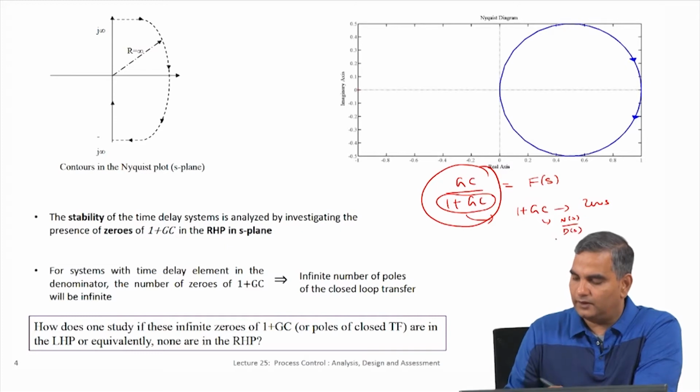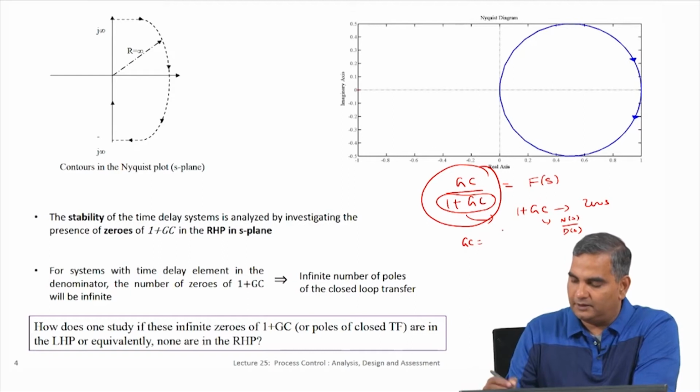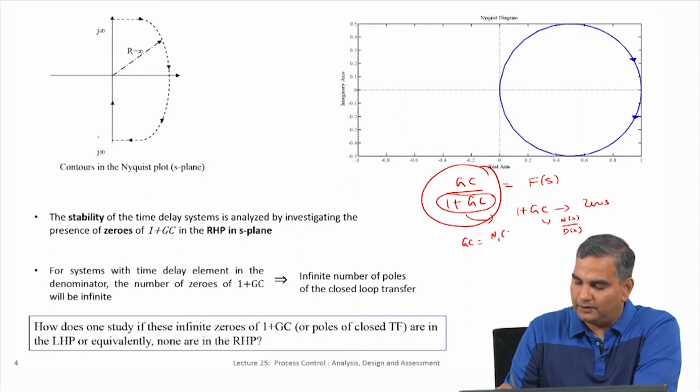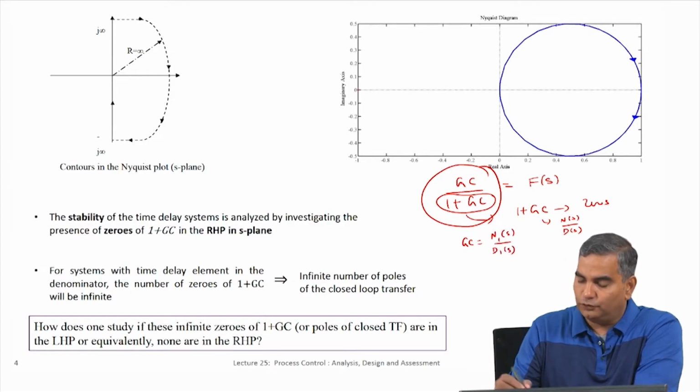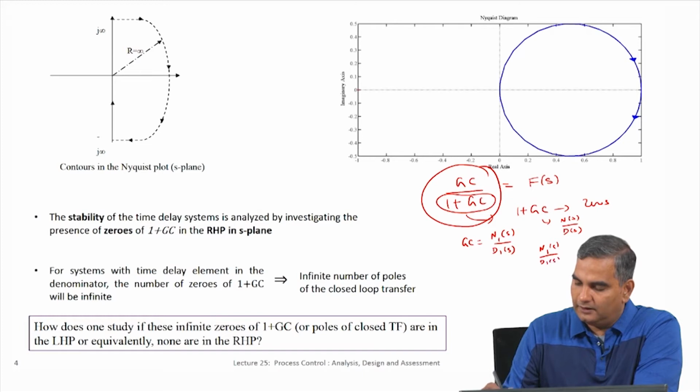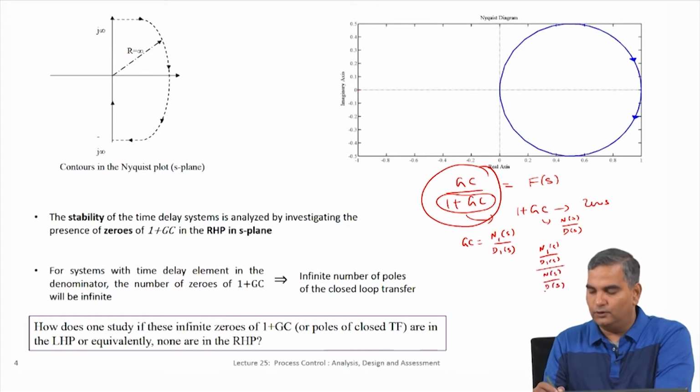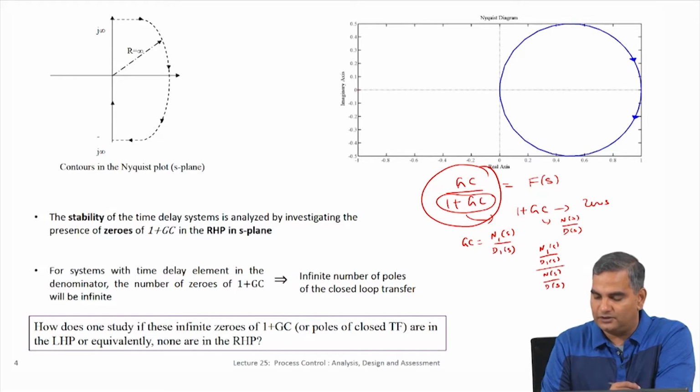Okay. So if I write this 1 plus Gc itself as some numerator by denominator form, and Gc itself as some numerator by denominator form, then when I do Gc by 1 plus Gc, I will get a numerator by denominator divided by numerator by denominator. But you will notice the way this is written, the denominator of 1 plus Gc will be the same as the denominator of Gc. So this and this will get cancelled.